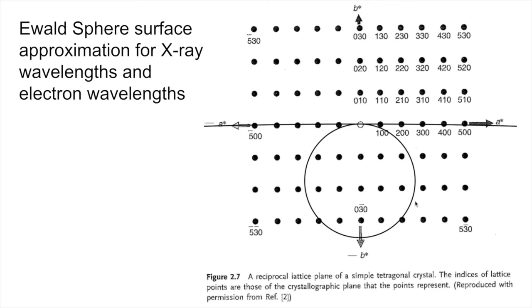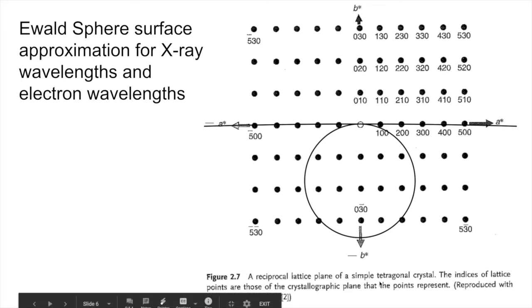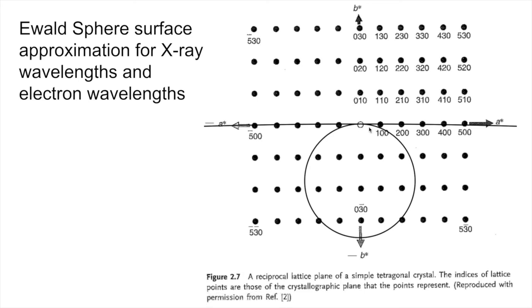This is roughly the size of the circle that you would see from X-rays if this reciprocal lattice represents a typical tetragonal crystal. So again, you can see that the curvature of the Ewald sphere is going to be huge. The curvature here is quite large between points.